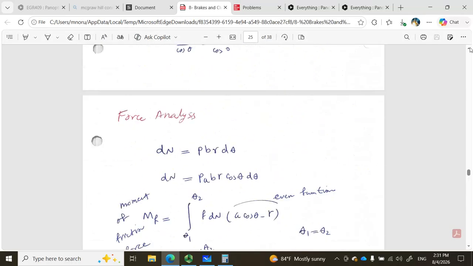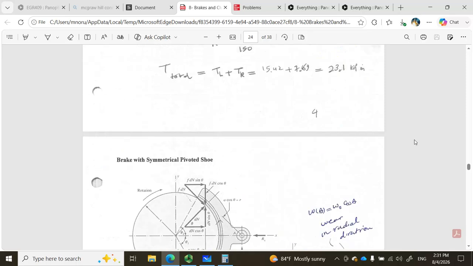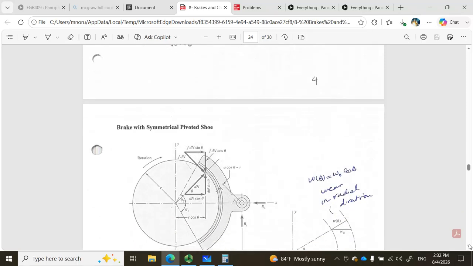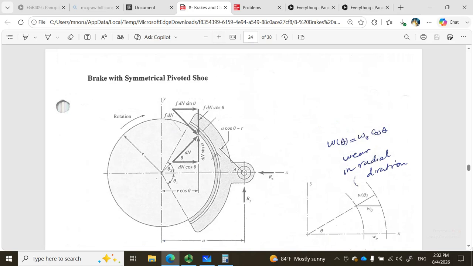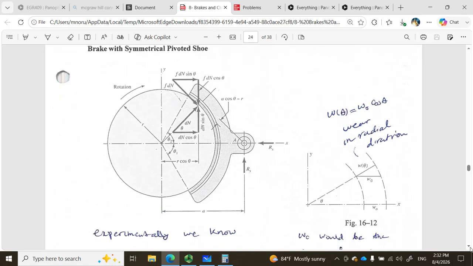We looked at this, your book looks at this. So if you have a brake with symmetrical pivoted shoe here, as you see, let's see what important variables we have here. This is like the arm, through this pivot, it's free to rotate about it.